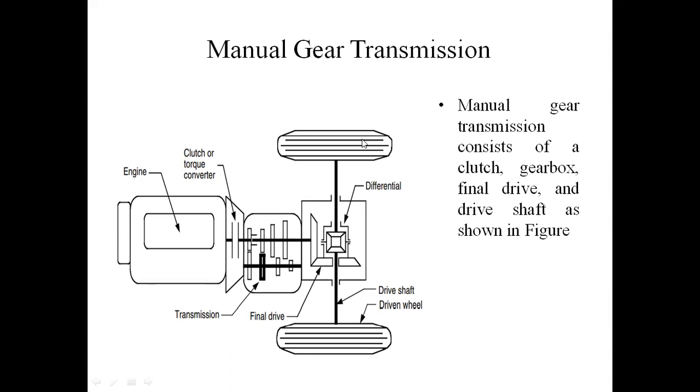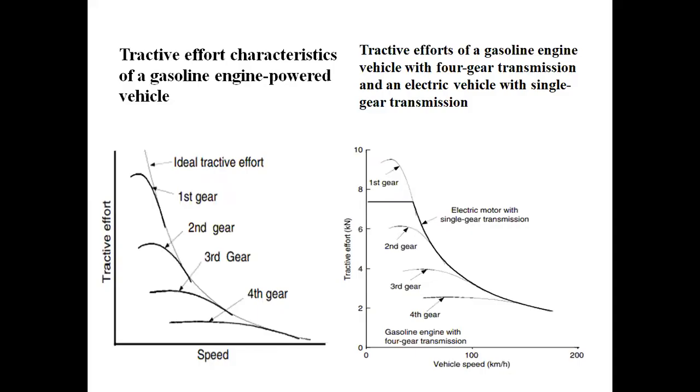These are the drive wheels, the wheels of the vehicle. The differential is connected to the two wheels. The transmission is connected to the clutch and gives input to the differential. The internal combustion engine is connected to the clutch input. This is the manual gear transmission diagram.